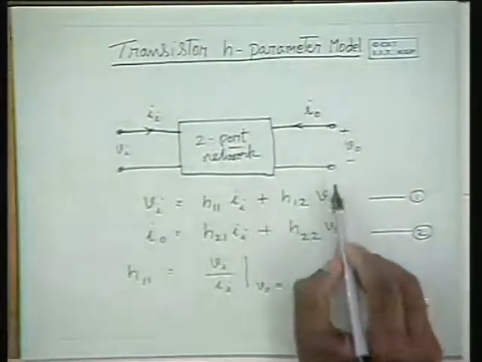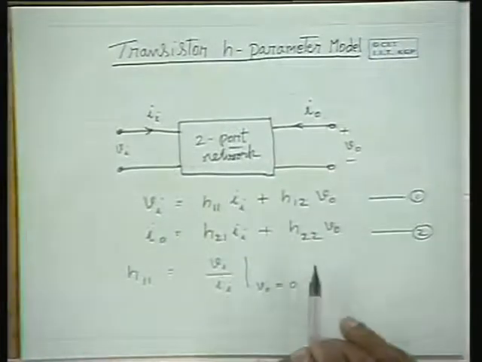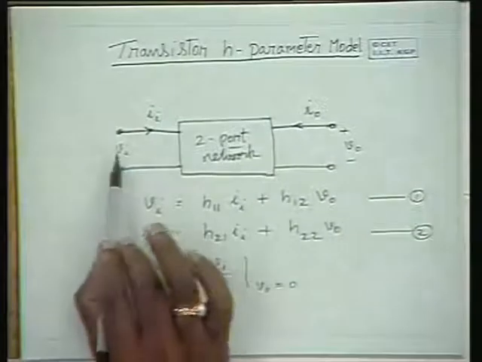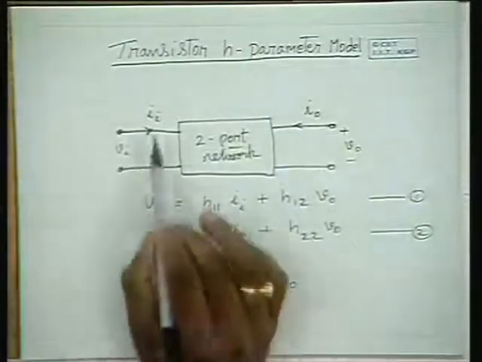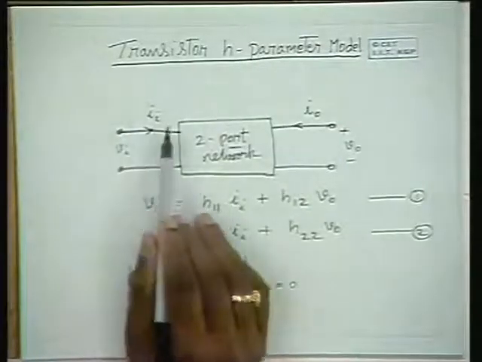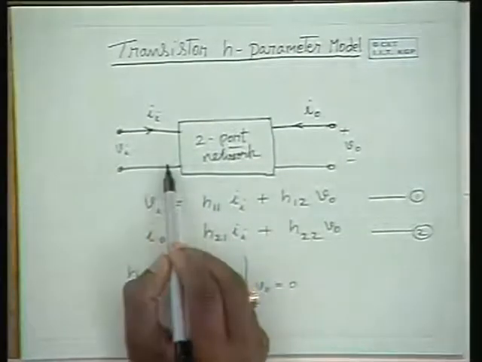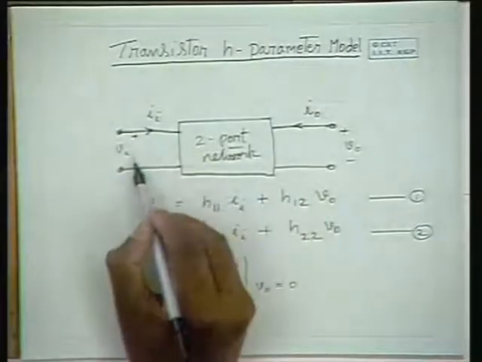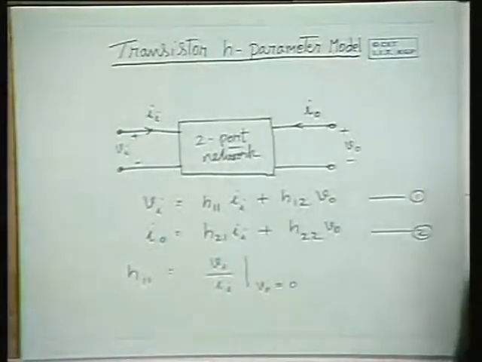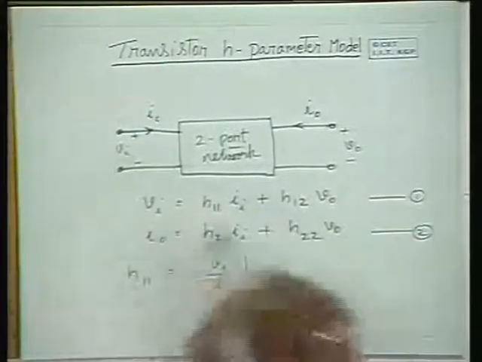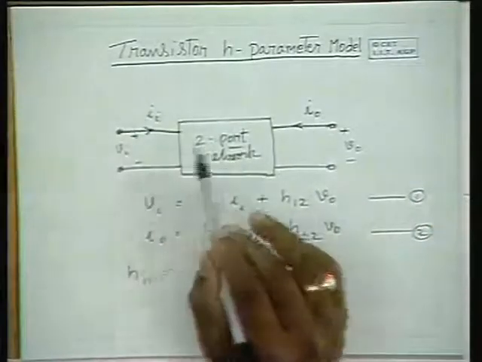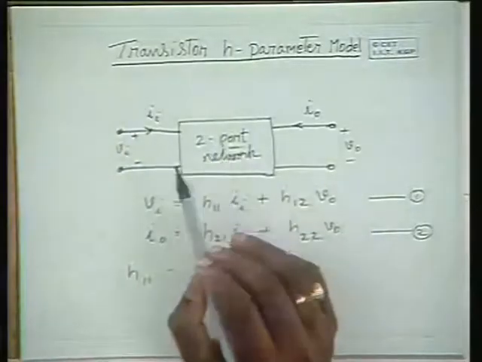When you short circuit the output, V0 becomes 0, and when this is short circuited, you excite it by some voltage Vi and you will get some Ii, or you excite it by some Ii and that produces some voltage Vi here. So the ratio between these two is the parameter H11. The proportionality constant can be determined in this fashion. And we are talking about the alternating signal voltages and currents.